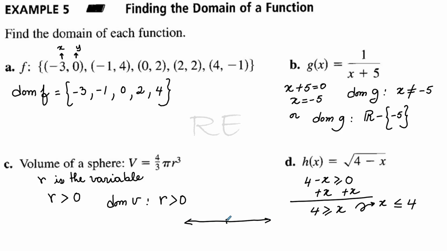On the number line, when x is equal to 4, h of x is 0, we are okay. And if x is less than 4, for example 3, we're going to have the square root of 4 minus 3, which is 1, and h of x will exist. So the domain of h of x is all x less than or equal to 4.